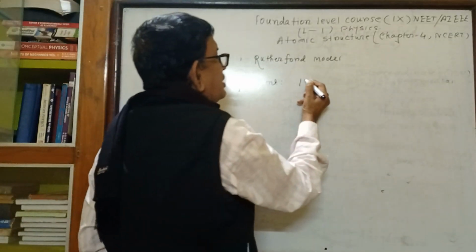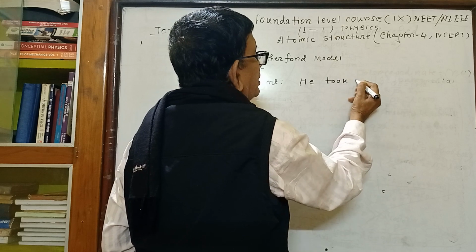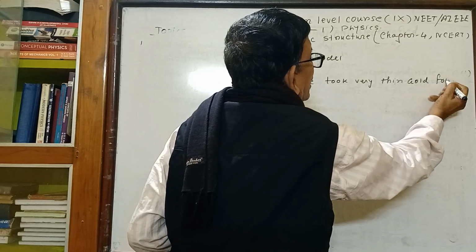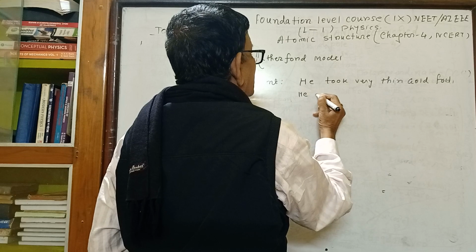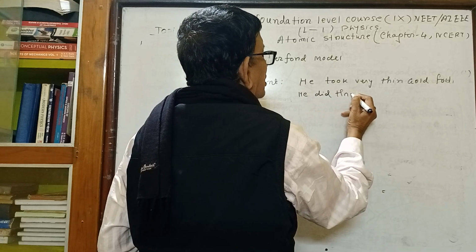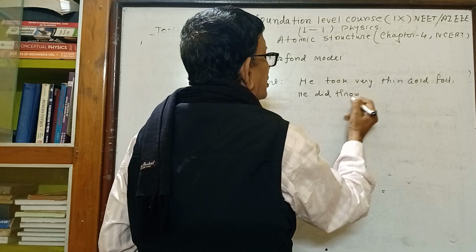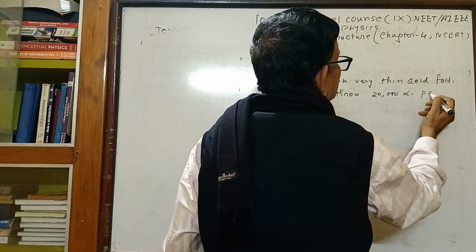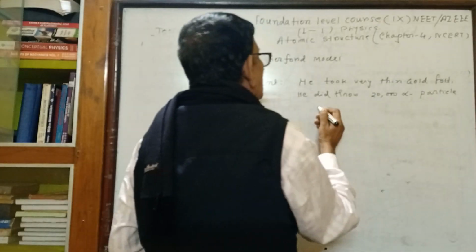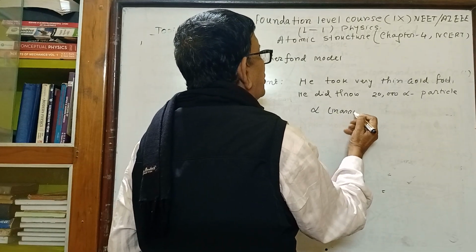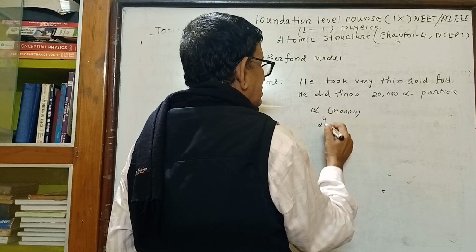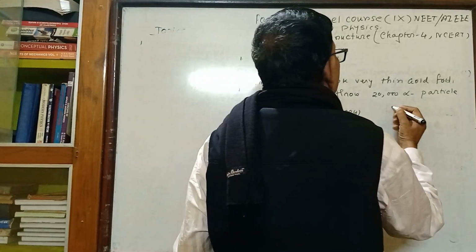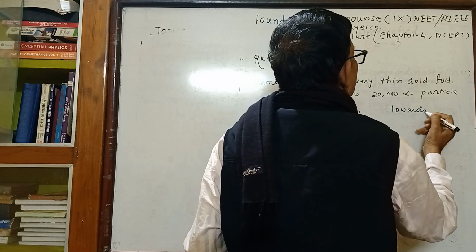He took a very thin gold foil, and he threw about 20,000 alpha particles, massive particles of mass 4 and positive charge, towards the gold foil.